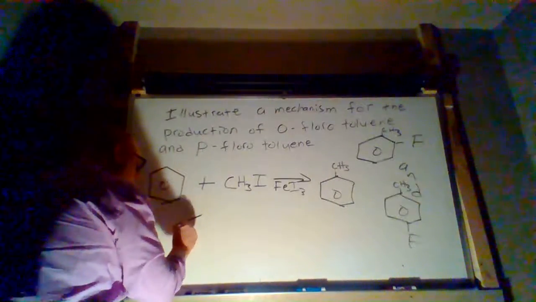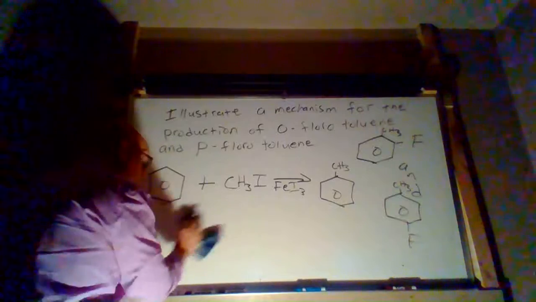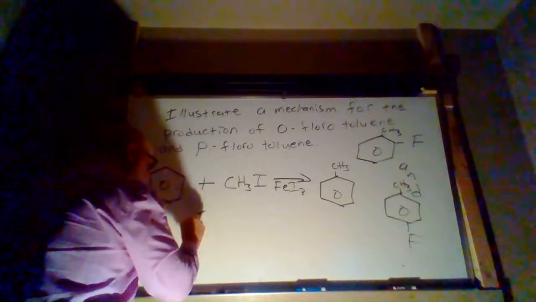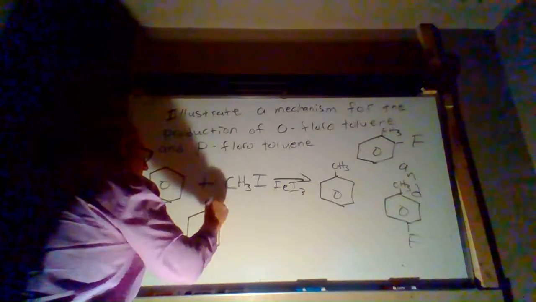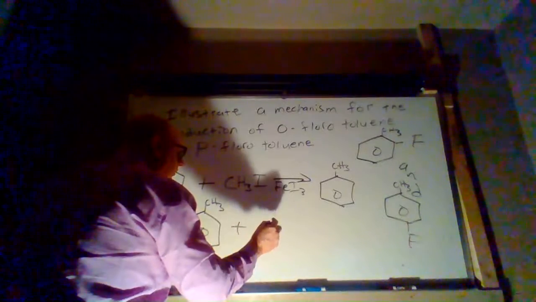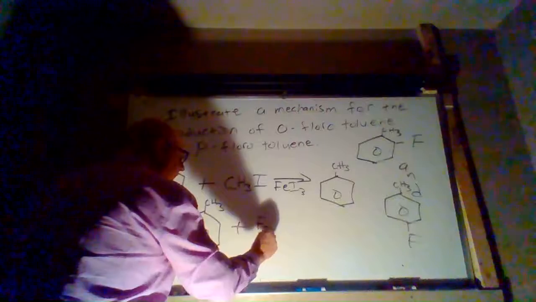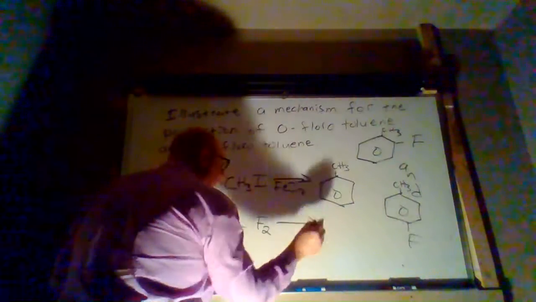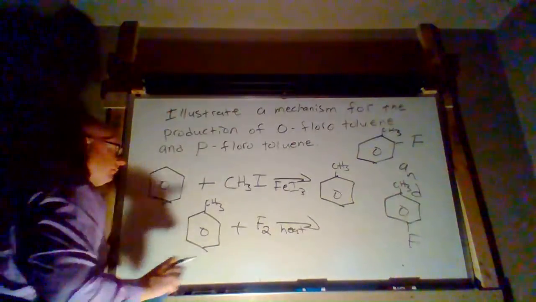Now in step 2, we're going to take our toluene and react that again with now some fluorine, it looks like. And again, don't do that, because if you do, that's wrong.